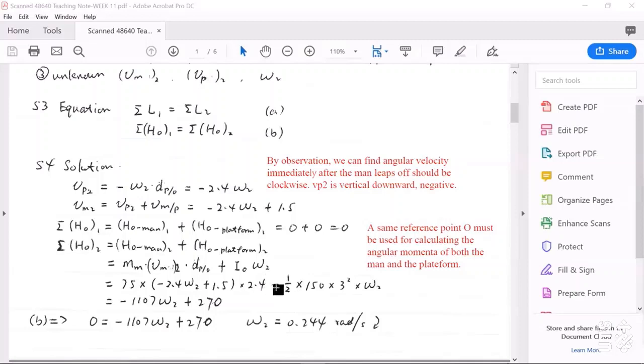The sign of this angular momentum of the platform is equal to the sign of the angular velocity, omega 2. For this man, this calculation you can see is actually the angular momentum of a particle.